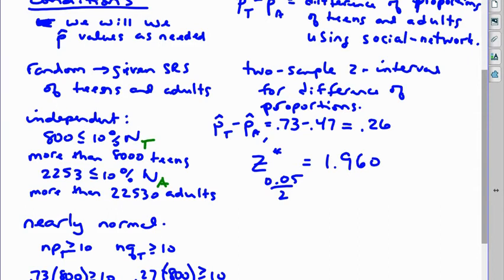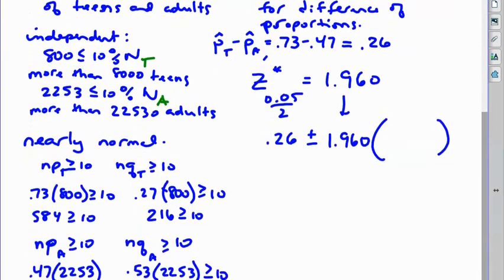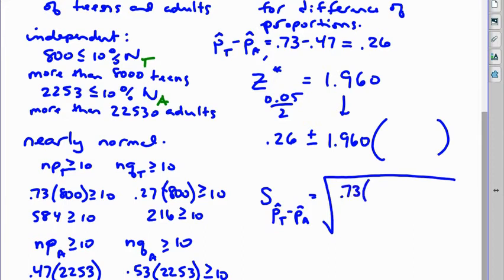So our interval will be 0.26 plus or minus that critical Z value of 1.960. And now I need to put my standard error into this spot, which I, of course, never calculated. So there's a lot to do in these things, isn't there? Okay, so let's see here. We got to not pool because we're doing an interval. Never pool on an interval.